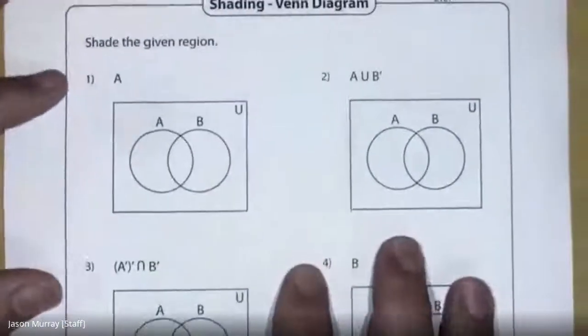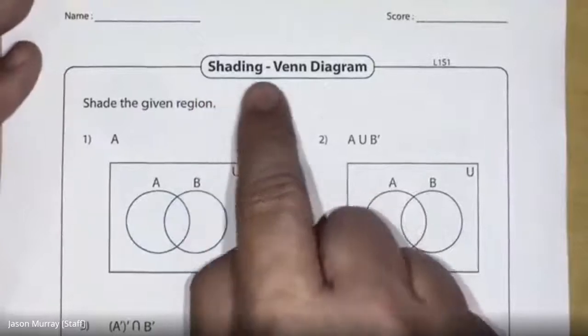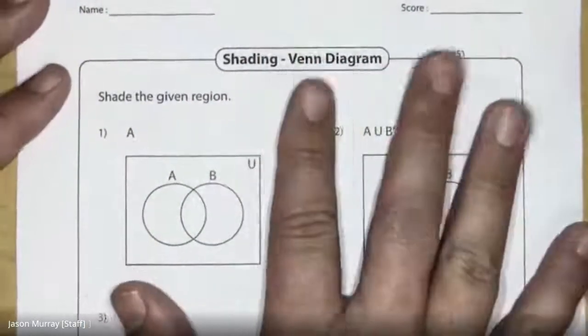Let's see, what time is it? We're going to take a quick 10-minute break. Everyone get up and stretch for 10 minutes, and when we come back, if you haven't done so already, you don't have to print these off at all. I want to do some of these practice questions with you on shading Venn diagrams. They were on Friday.